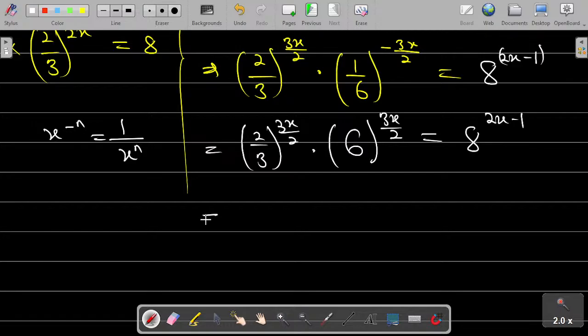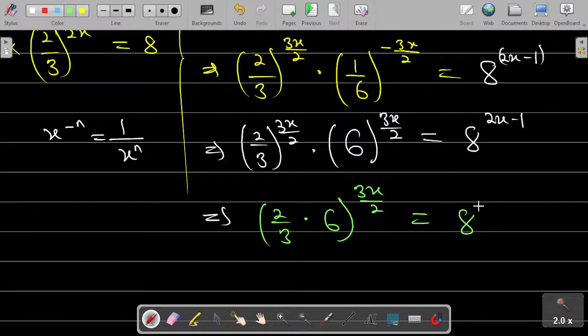So in that case here, we are going to have, oh sorry, let's use this. So we can now factorize. So in factorizing, we are going to have 2 over 3 multiplying 6, and then all raised to the power of 2x over 2 equal to 8 raised to the power of 2x minus 1.